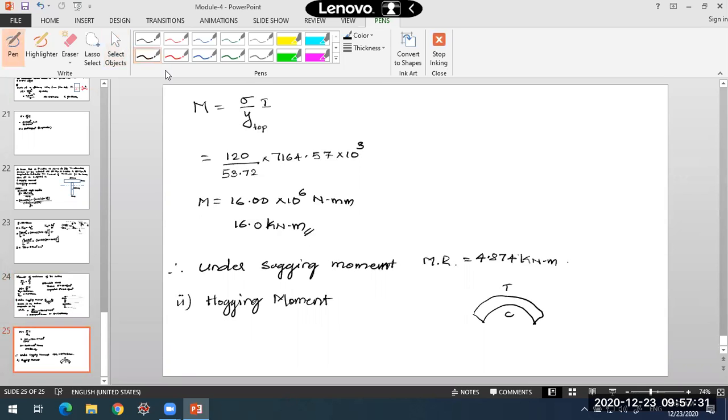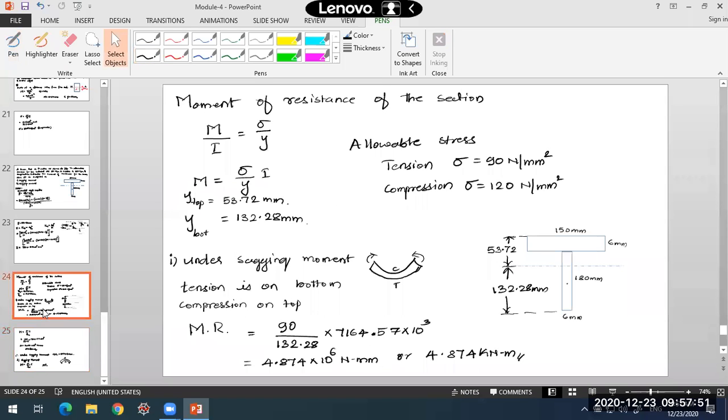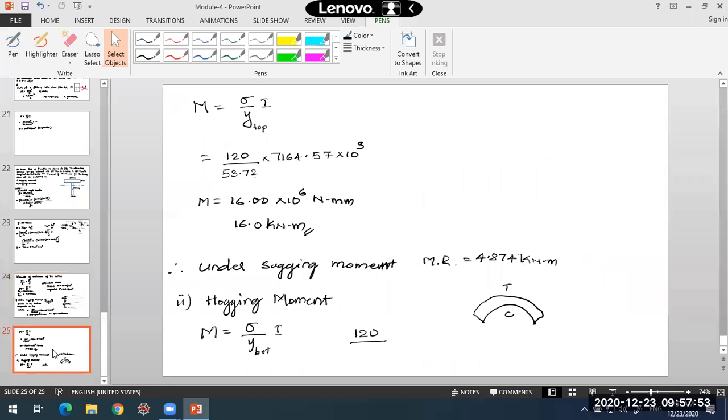First, M, which you find from sigma is equal to y bottom into I. On the bottom side, compression is there, so 120 by 132.28 into 7164.57 into 10 raised to 3.